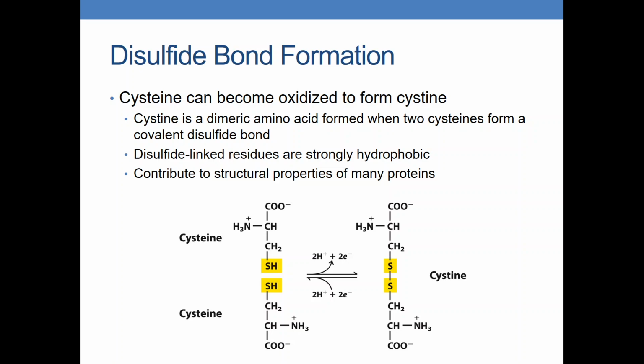Well, this is because disulfides contribute significantly to the structural properties of many proteins. As you'll see a little bit later, one of the last things that occurs in the pathways involved in forming protein three-dimensional structure is disulfide formation.